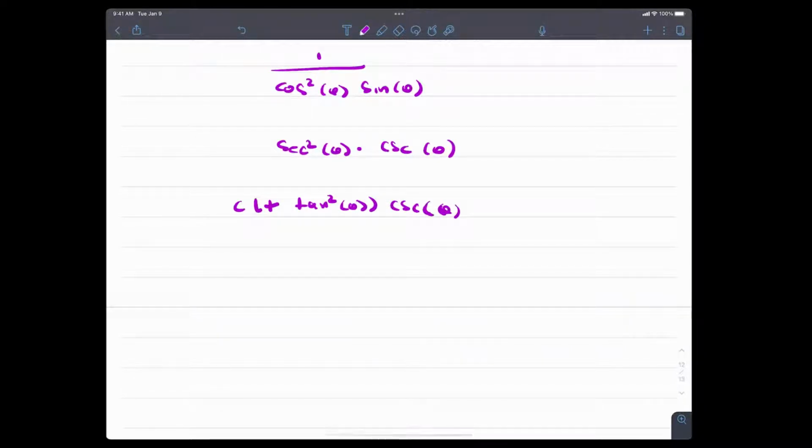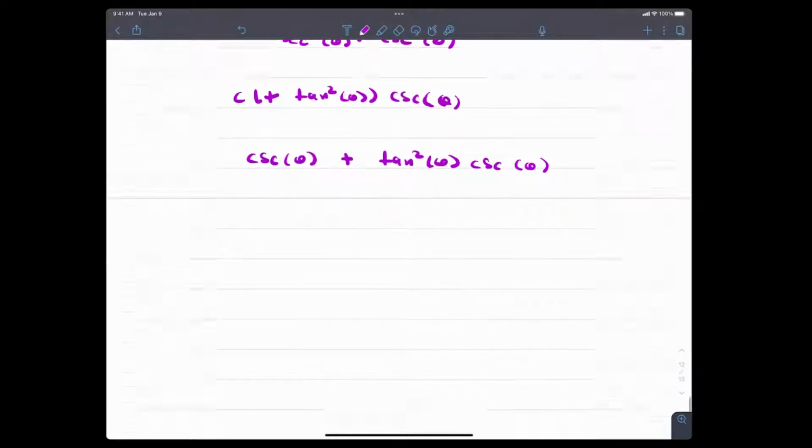Cosecant theta, it's in parentheses. So this gives me cosecant what? Cosecant theta times (1 plus tangent squared theta), right?